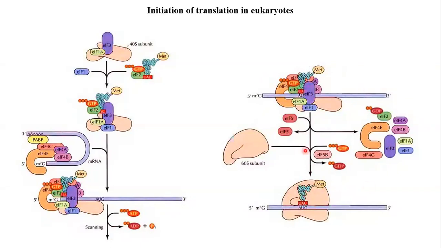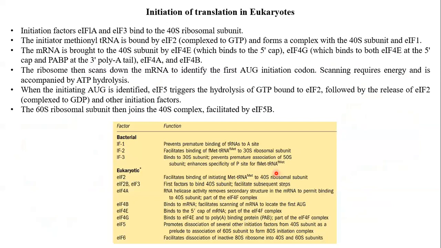So all these initiation factors are required to find the correct initiation point, that is the first codon AUG. So all this text is for this only.